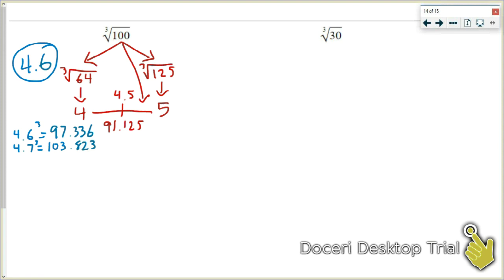So now your job is to solve the cube root of 30, check with a partner, make sure you get that one right, and then you can go on to the back, which is your homework. If you don't get it done, you should have time here in class to get this done. So you've got 3 cube roots to estimate on the back, and then you have another word problem to determine if somebody made the best estimate possible. Okay? All right. You may begin.